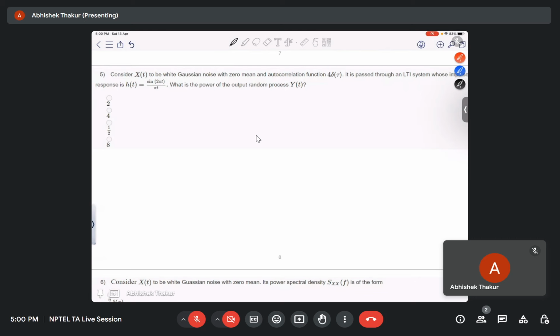So when X(t) is passed through an LTI system, the output is Y(t). The input power spectral density is S_xx(f) and the output power spectral density is S_yy(f). And the frequency response of h(t) is H(f), that is the frequency response of the LTI system.